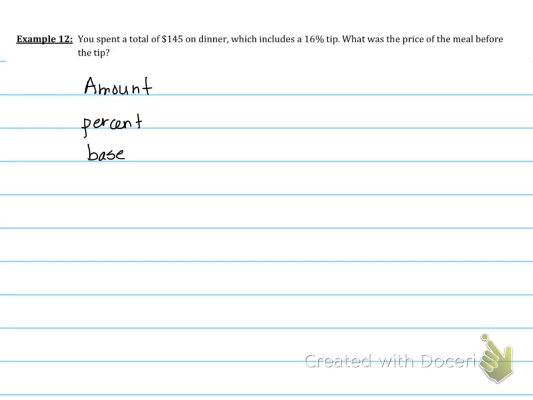No. That's the amount. Right. So the base is not 145 because that's not the value before the tip. It's the value after the tip. So I'm going to say my amount is the cost including the tip, because that's what they give me.